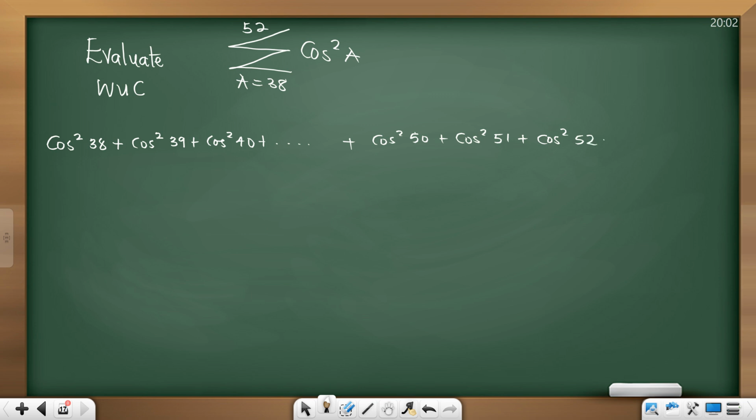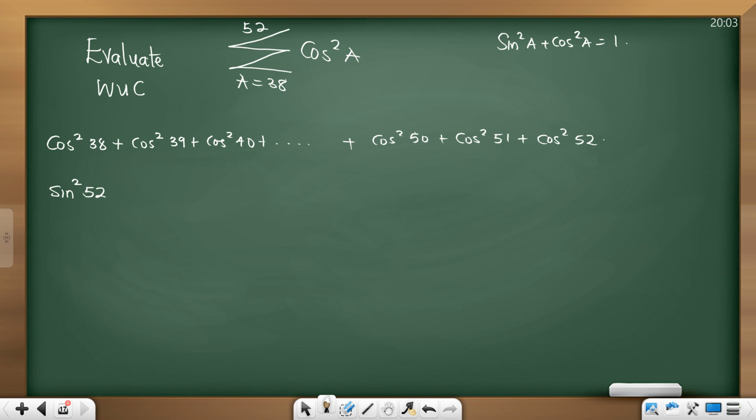Anytime they tell me without the use of a calculator, think co-functions. The idea here is sine squared A plus cos squared A equals 1. What is 38 plus 52? Are you aware that cos squared 38 is the same as sine squared 52?